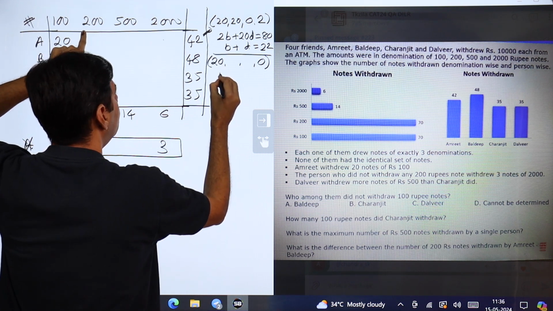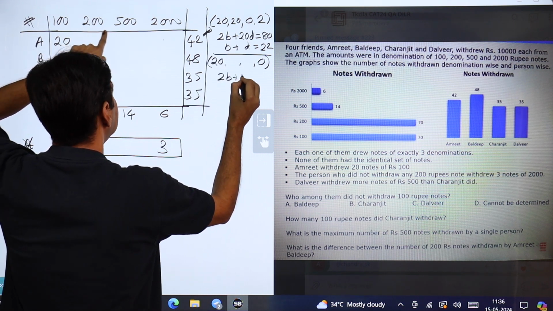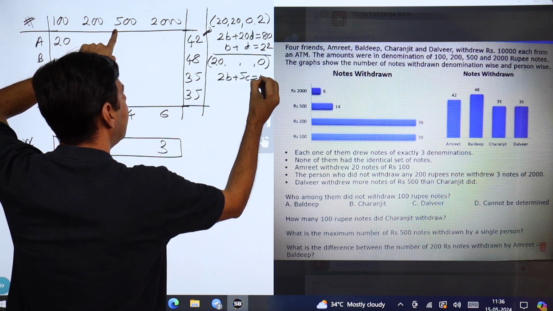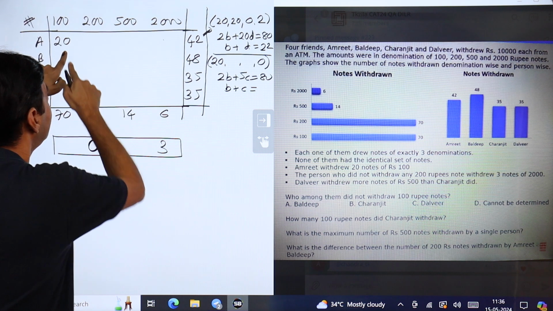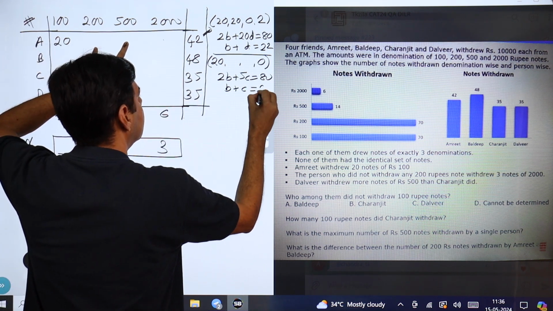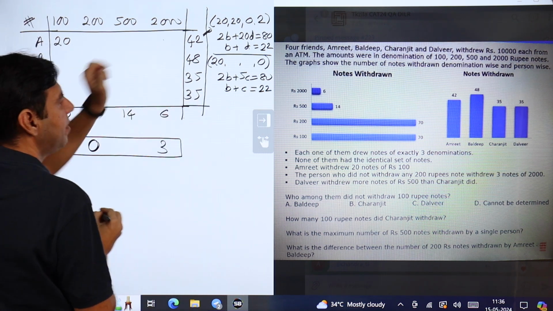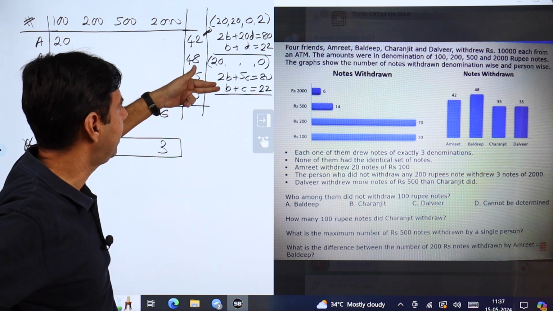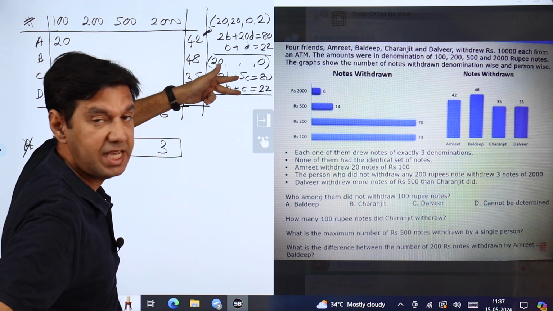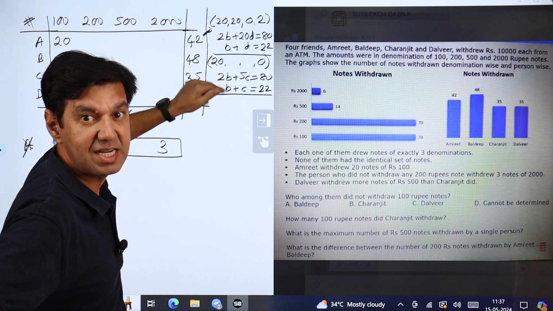Okay, so now what will I have? I will have 2B plus 5C is 80, and I'll also have B plus C is how many notes? That same 22. And the 20 will make it a 42. So let's solve this. Same idea. 2B cancels. 2C, 5C, subtract 3C.